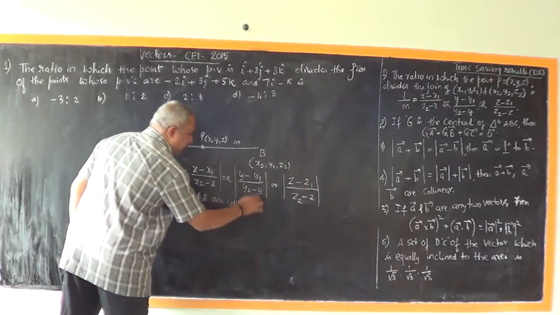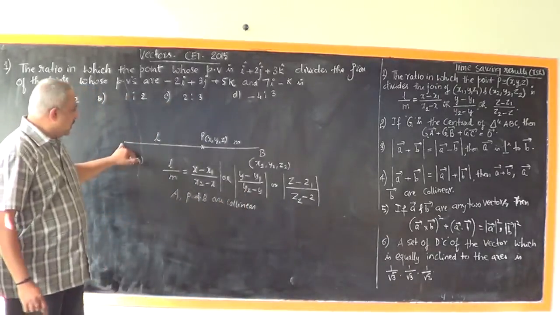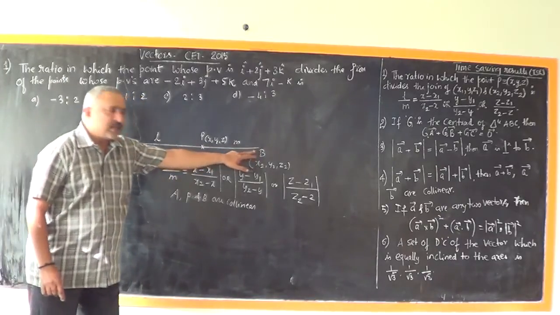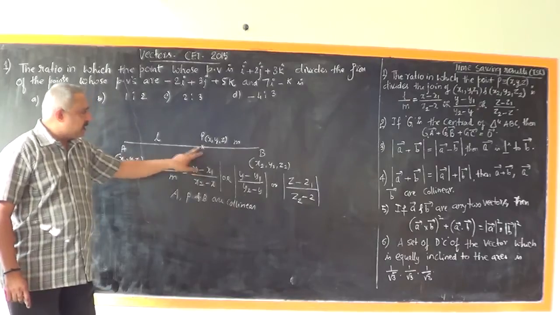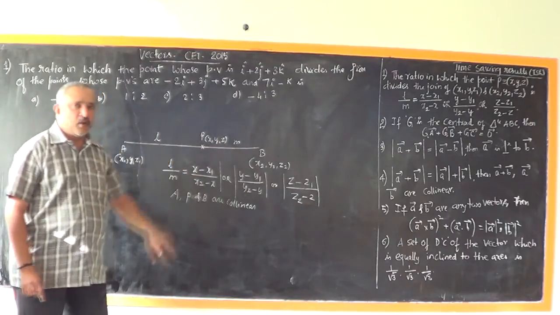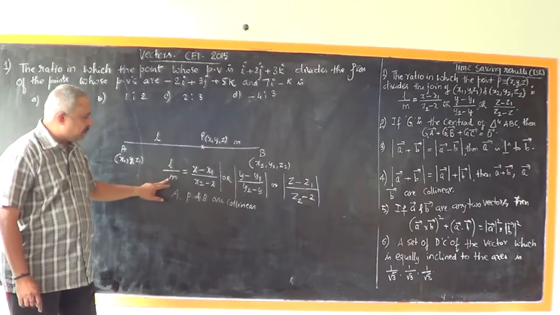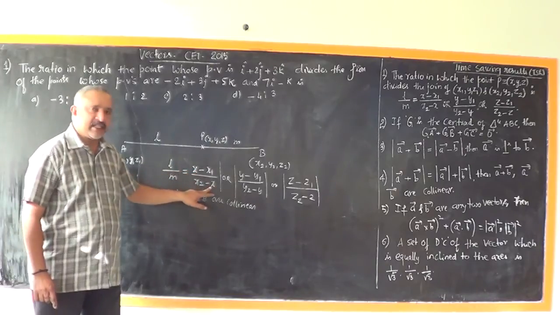So whenever 3 points are collinear, and you know the coordinates of the ends of the line and the third point which divides the line in a given ratio, then the ratio can immediately be written as L by M equals (x minus x1) by (x2 minus x).